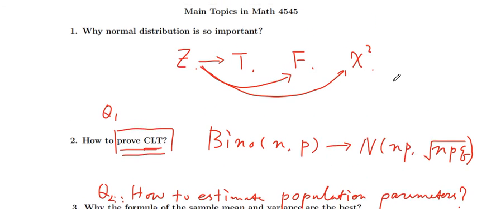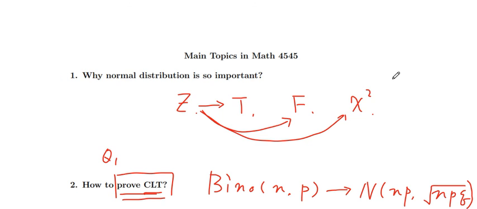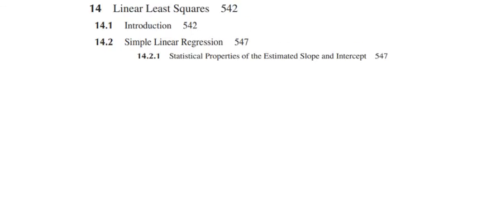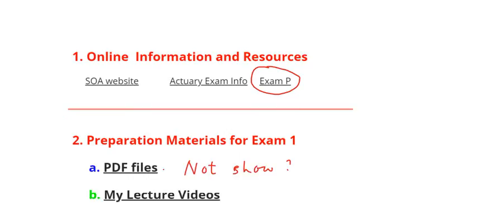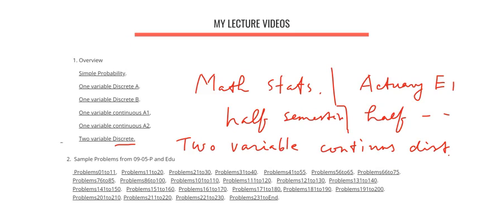So this short video we can regard as our second class. Again, as I said, we split into, let's say, half semesters. For the first half we will focus on mathematical statistics. For the second half we will focus on the actual exam, P1.